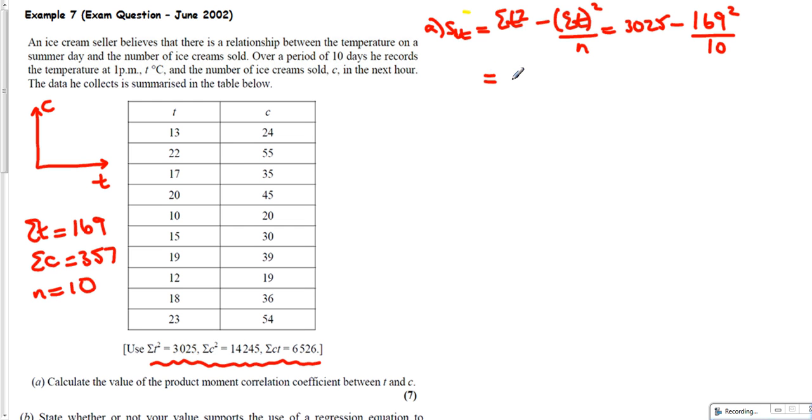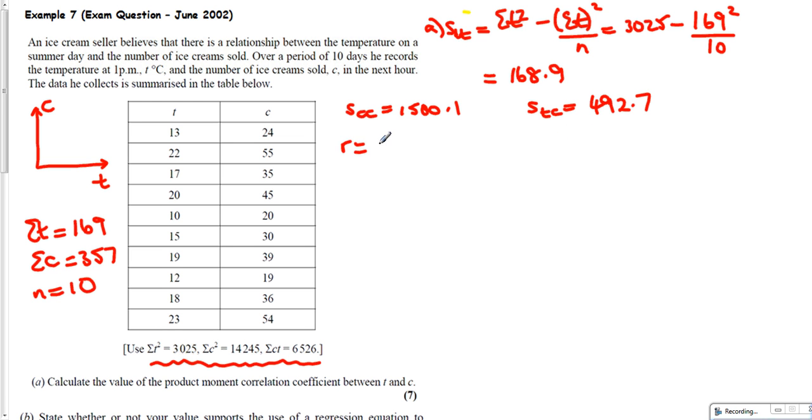Working that out gives us 168.9. Now we've done this quite a few times, so I'll just write down what I got for the other two. Why don't you pause the video at this point and see if you get the same answers. I got 1500.1, and for STC I got 492.7.